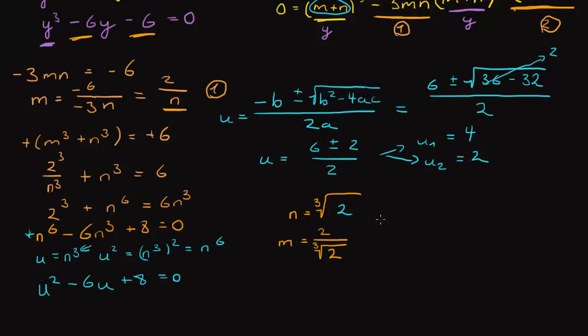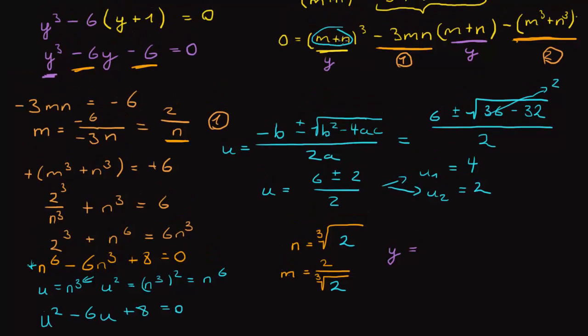I'm not going to use the blue color anymore. Actually, let me use the blue color. So what is our y? Our y is equal to m plus n, right?